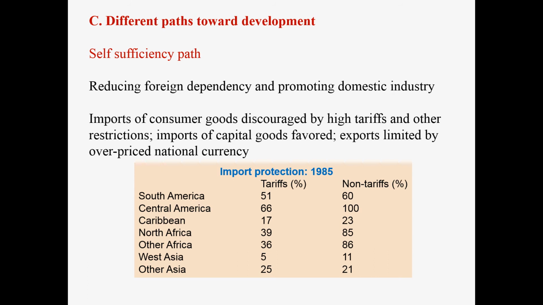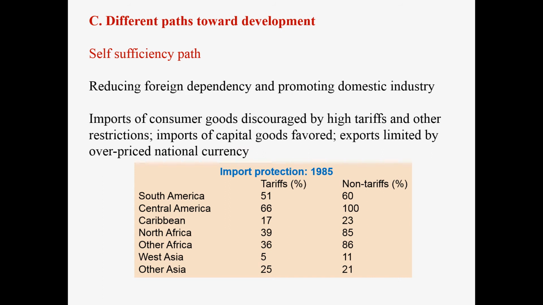If you cannot sell enough of your exports to earn enough hard currency, you simply do not have enough hard currency to import those advanced capital goods from foreign countries. So this kind of policy is almost self-conflicting. You shoot yourself in the foot.